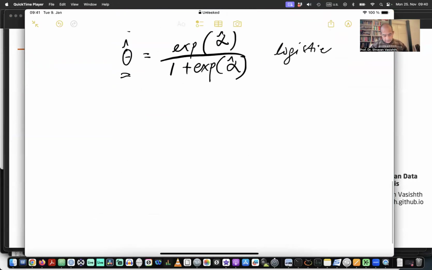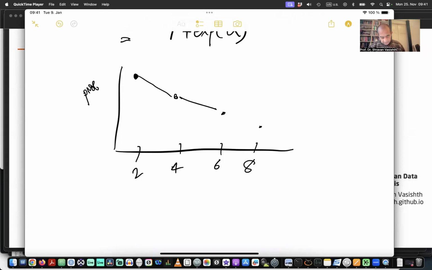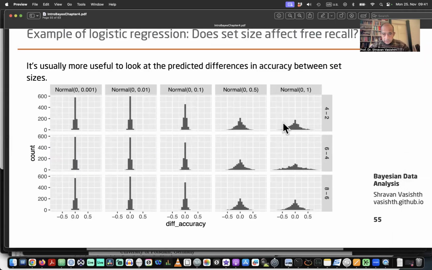When we have 2, 4, 6, and 8 as the set sizes, we would expect some probability of correct responses to be pretty high with 2, go down with 4, go down further with 6, and further with 8. Of course, this is a fictional plot, but this fall in accuracy is usually what is of theoretical interest when studying memory and recall processes. So this is what we are plotting here.